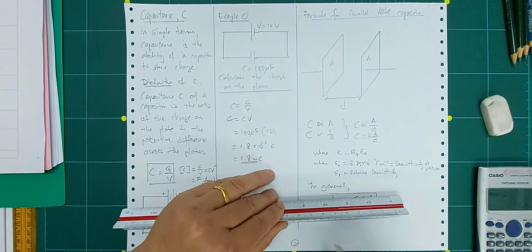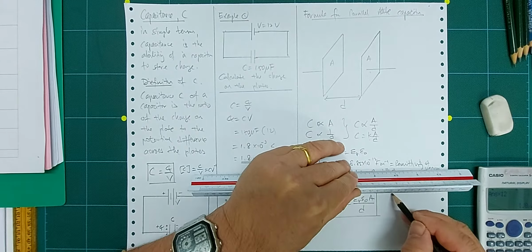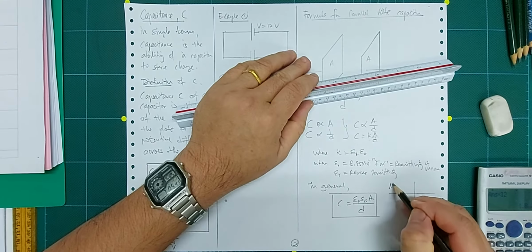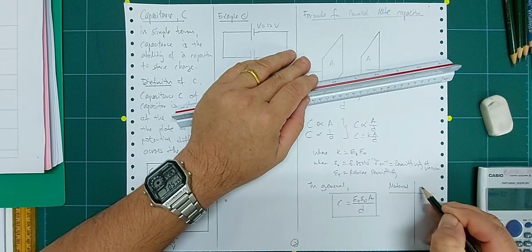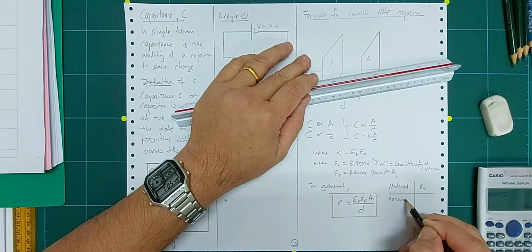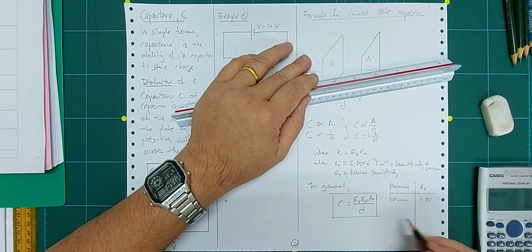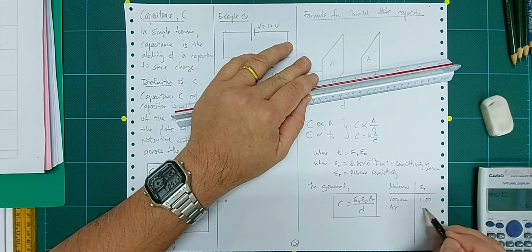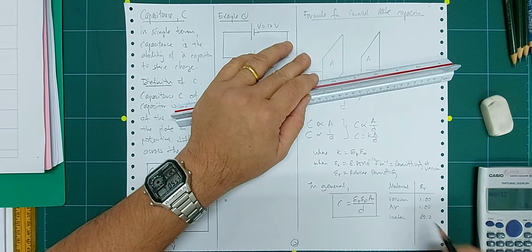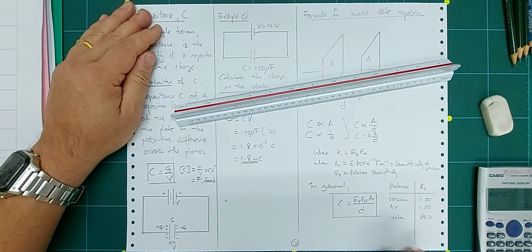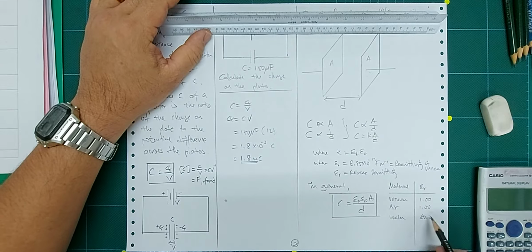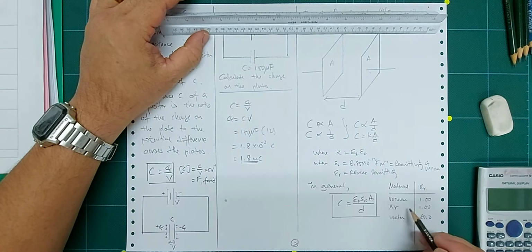As examples of epsilon R, we look at a few materials that we know of. This is the material, this is the epsilon R. For example, vacuum, we know it's 1.00. And then for air, it's also quite close, 1.00. And then for water, it is 80.0. That means if you put water in between them, your capacitor has 80 times the ability to store charge compared to vacuum and air.